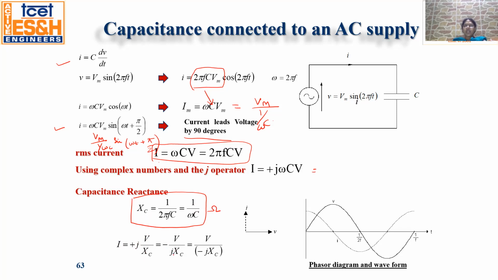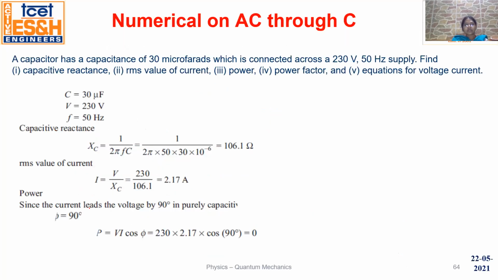If you want to take this j in the denominator, then you have to write it with a negative sign. So this is the waveform of voltage in case of capacitor, whereas this is the waveform of current in the case of capacitor, which is leading. And this is the phasor diagram, 90 degree lead. Current is 90 degree lead.